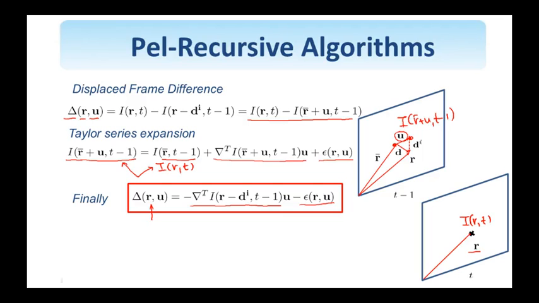As done previously, the way to address this is to assume that the pixels in a neighborhood of the pixel under consideration are undergoing exactly the same motion. So I can therefore write this optical flow equation for all the pixels in this neighborhood.